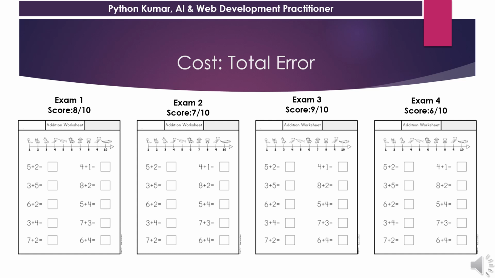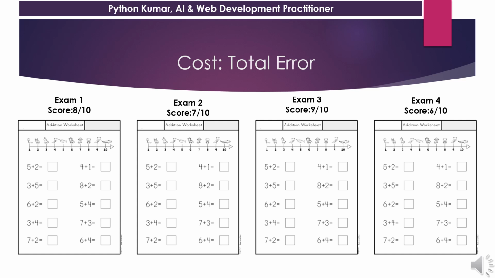In exam 3 I scored 9 out of 10, and in exam 4 I scored 6 out of 10. Cost is used to denote how much I missed, that is the total error. In exam 1 I made 2 errors.